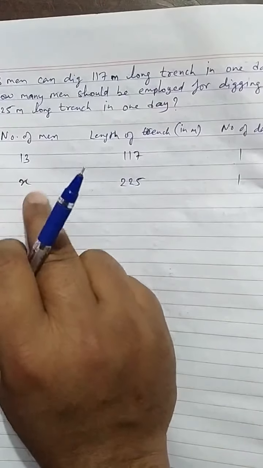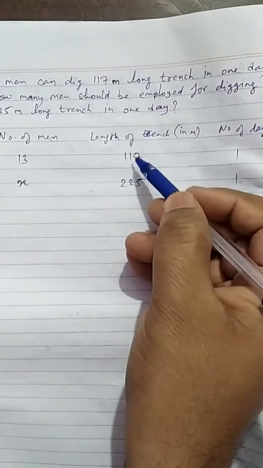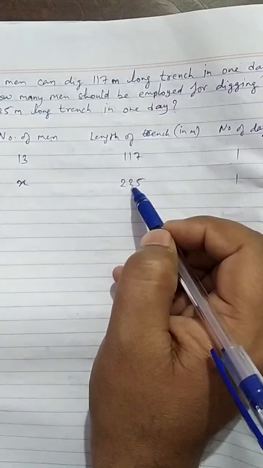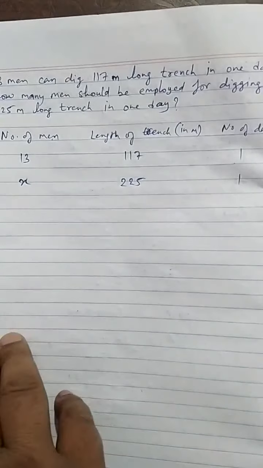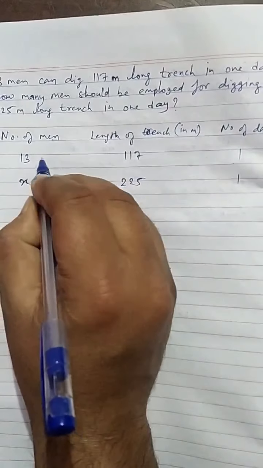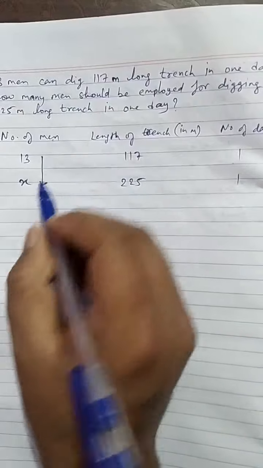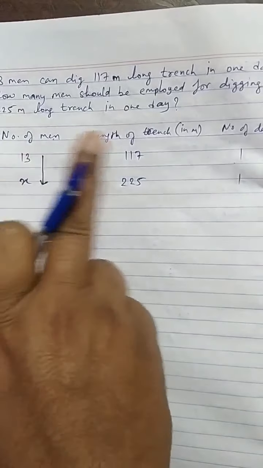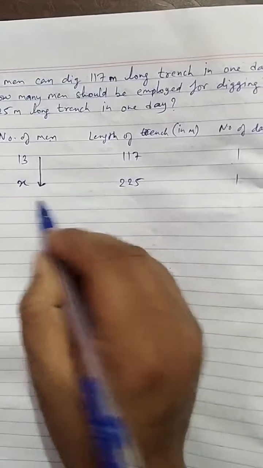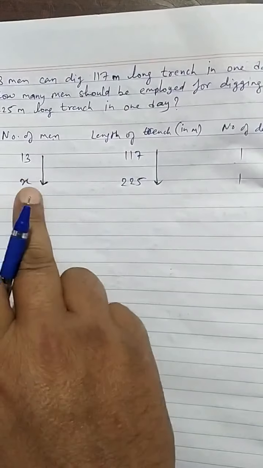We know that when the number of men increases, the length of trench increases. Here we can see that the length of trench is increasing, so the number of men will also be increased. So we put an arrow with its head on the x side. When these two have a direct variable relation, the head of the arrow will be the same.